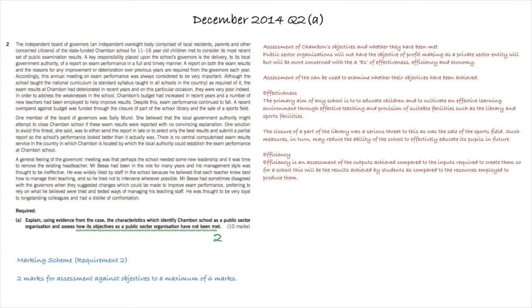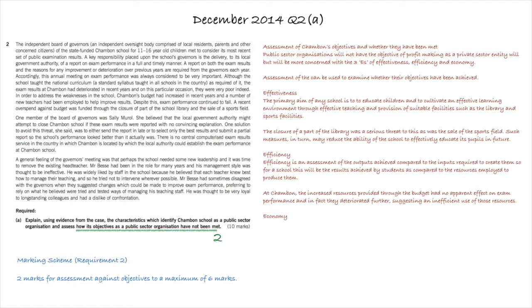And looking at the scenario, we can say that at Chambon, the increased resources provided through the budget, they have increased the budget spend, but it's had no apparent effect on exam performance. In fact, they have deteriorated further, suggesting an inefficient use of those resources and hence a failure of that particular objective also.